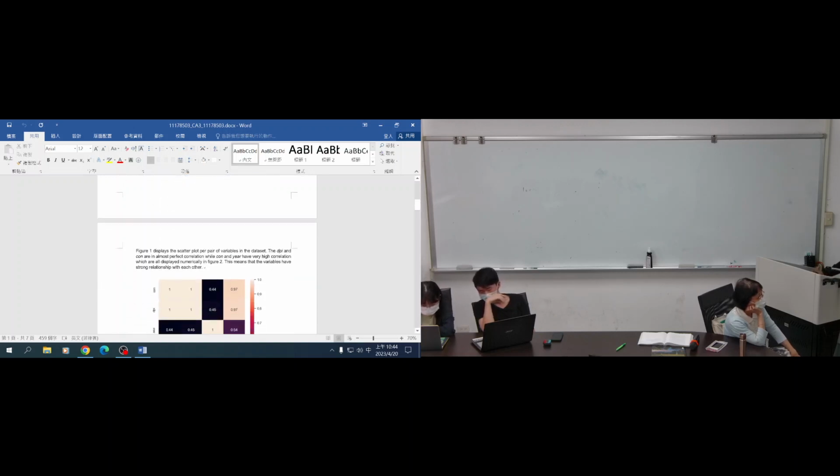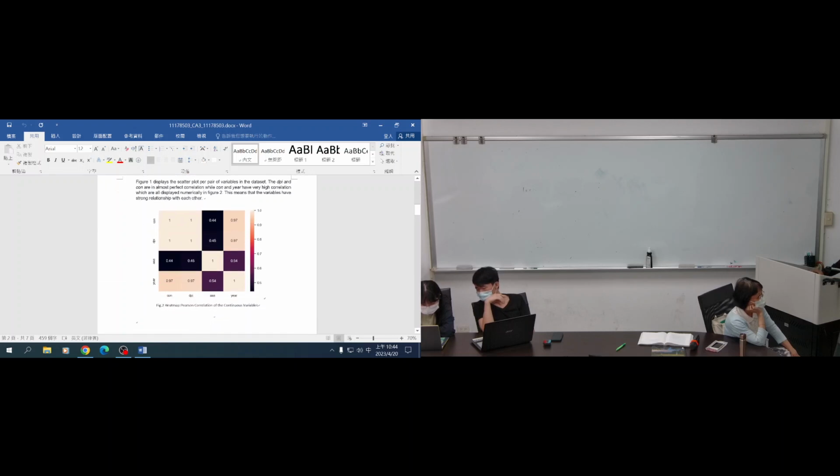This is further backed up by this correlation heat map. However, Professor, the correlation for DPI and consumption is not really 1, but really close to 1, like 0.99.